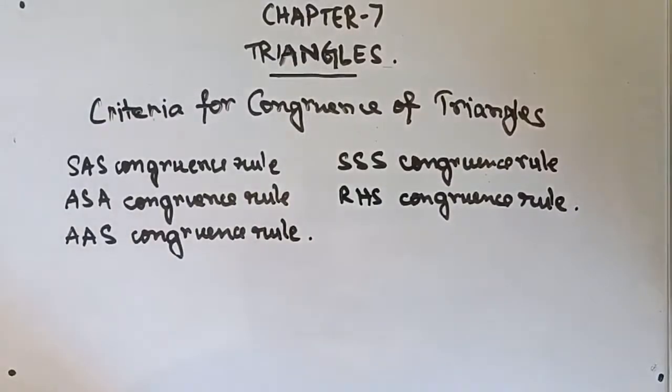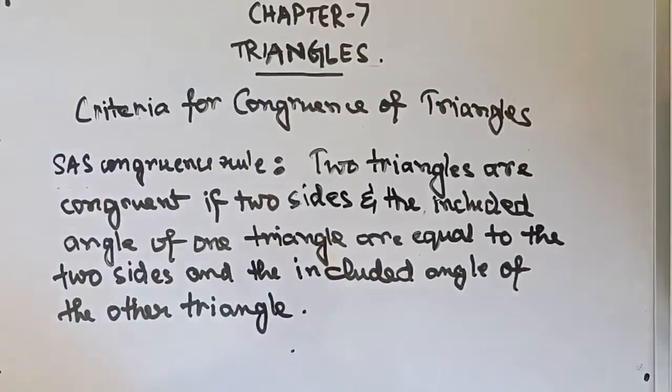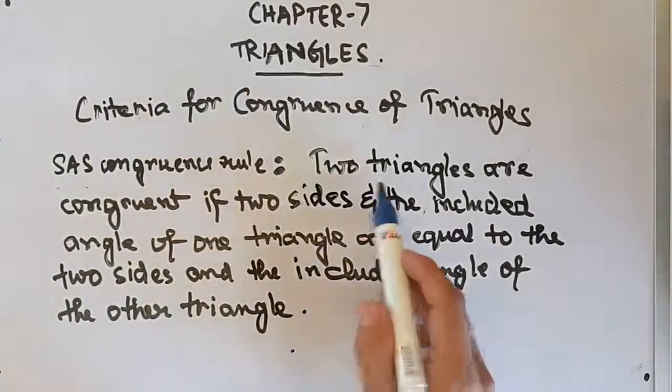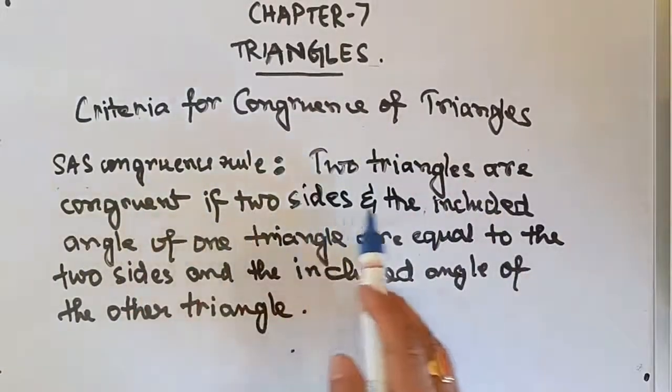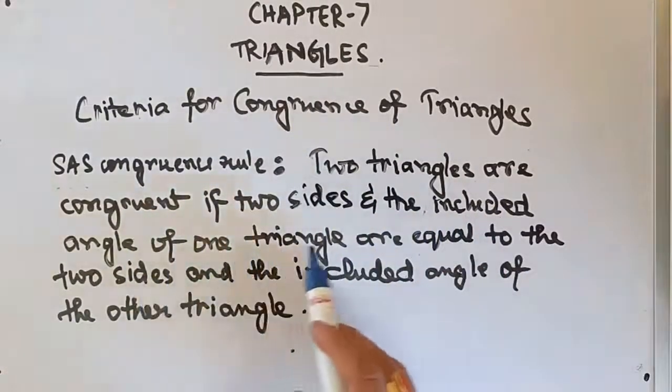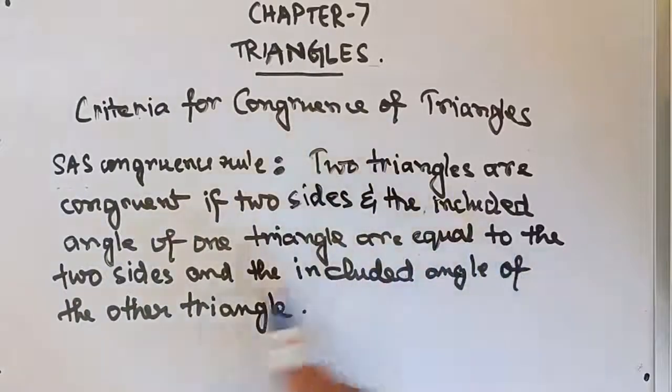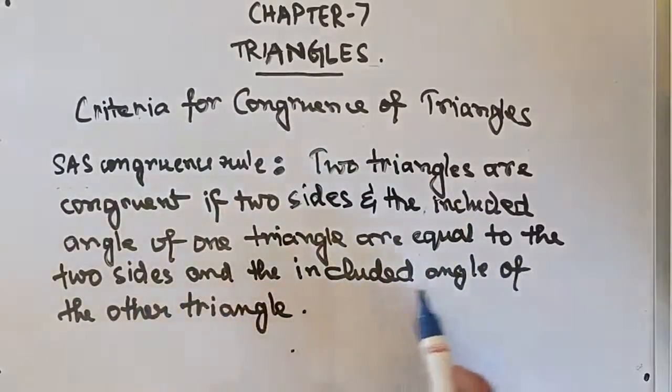Let us first learn about the SAS congruence rule. According to this rule, two triangles are congruent if two sides and the included angle of one triangle are equal to the two sides and the included angle of the other triangle.